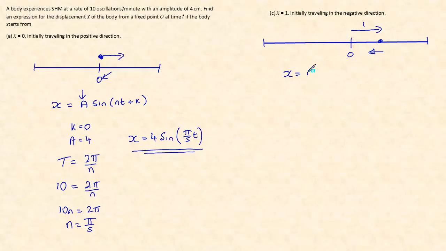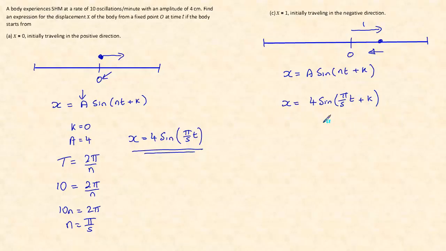Still, we're going to have this form, and some things won't change. The amplitude is still 4, so that's 4. It could be -4, so we'll just leave a little gap there. The n's not going to change, and then we're going to worry about the constant in a moment, and that's to do with the starting position.